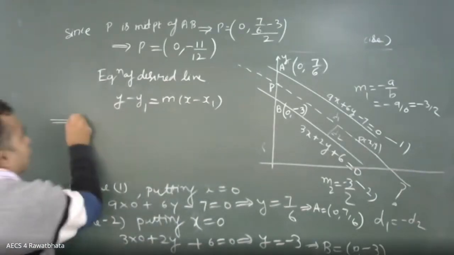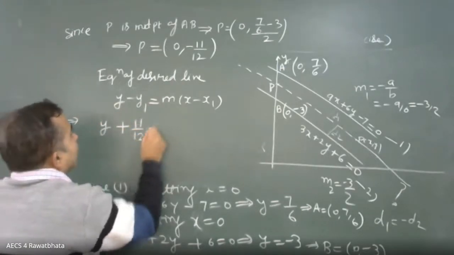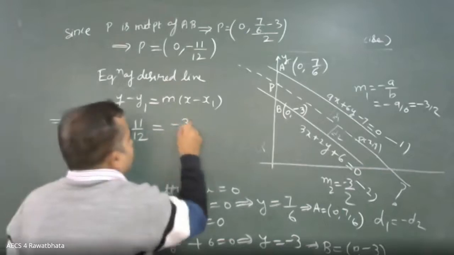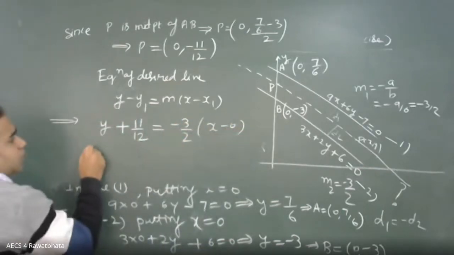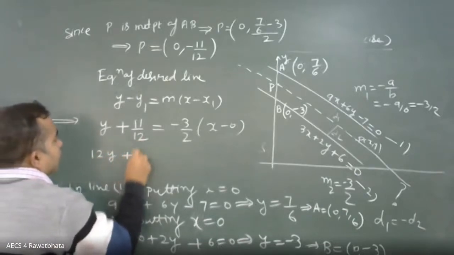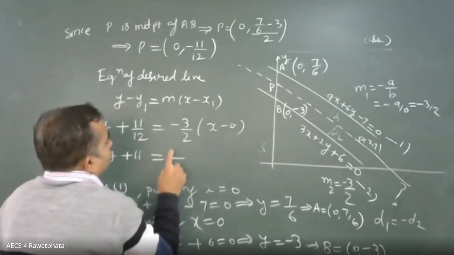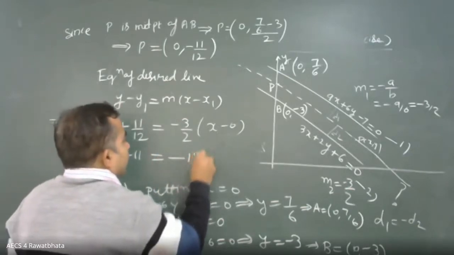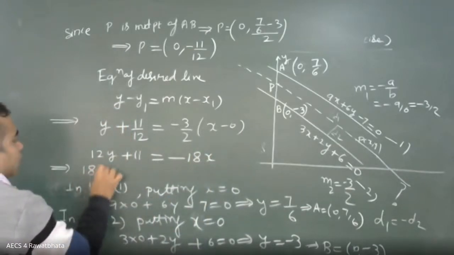So equation of the desired line will be y minus (minus 11 by 12) equal to minus 3 by 2 into (x minus 0). Simplify. Let me multiply throughout by 12. 12y plus 11 equal to minus 12 upon 2, 6 into 3, 18x. And check the answer, please, students.